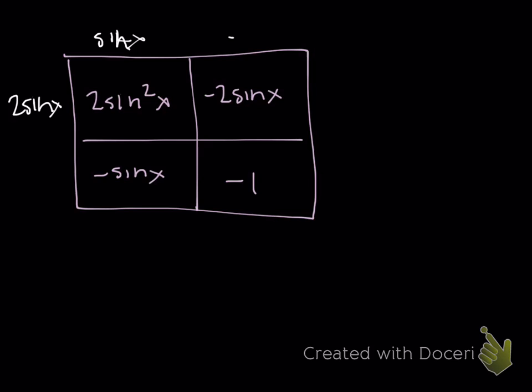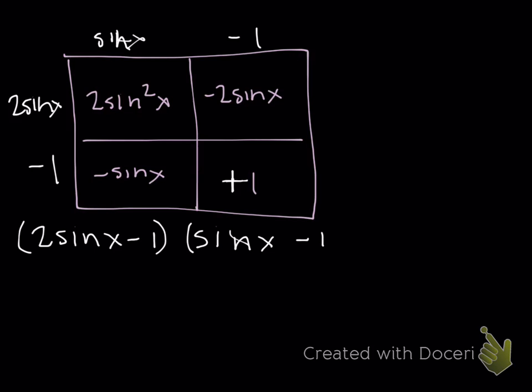Over here, they have a negative 1 in common. And over here, they have a negative 1 in common. And I actually copied this wrong. This should be a positive 1. So this breaks down to be 2 sine of x minus 1 and sine of x minus 1. So my groupers, you should have still got this as your final answer after you factored.